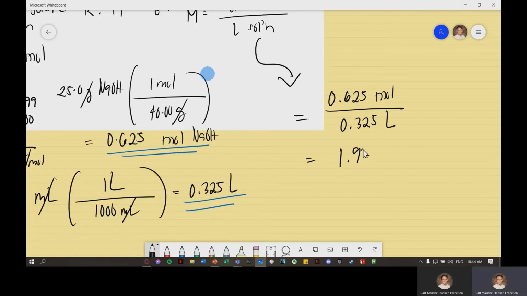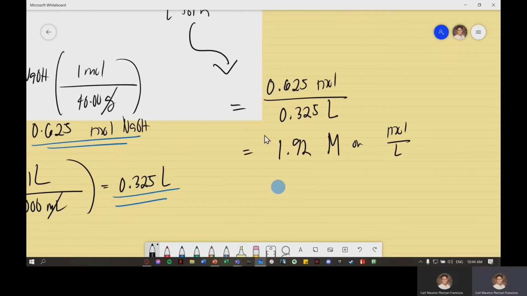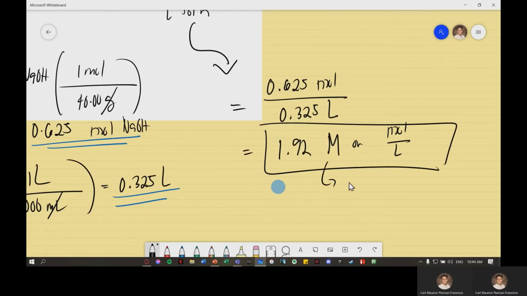The unit shall be molar or mole per liter. The unit for molarity is molar, or capital M. 1.92 molar or mole per liter. 1.92 molarity. Okay?